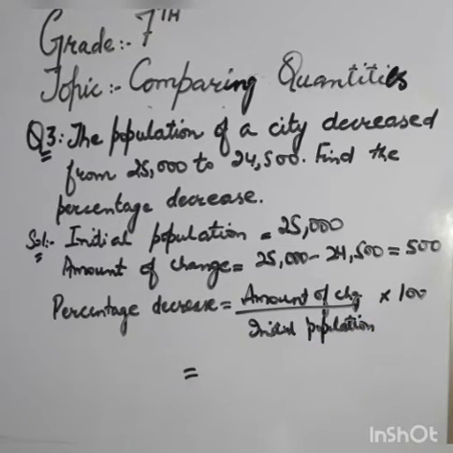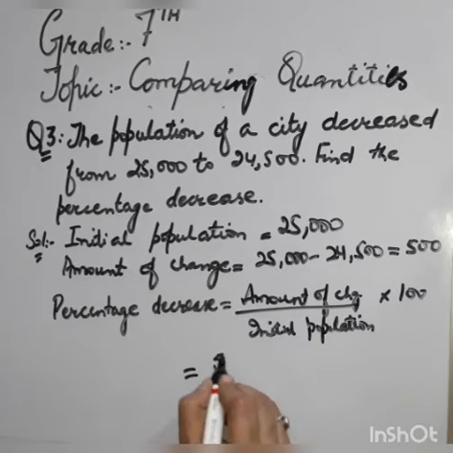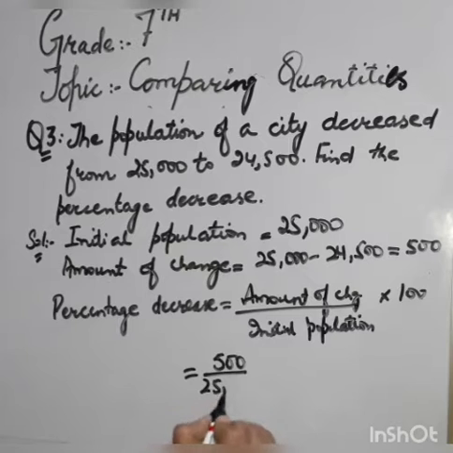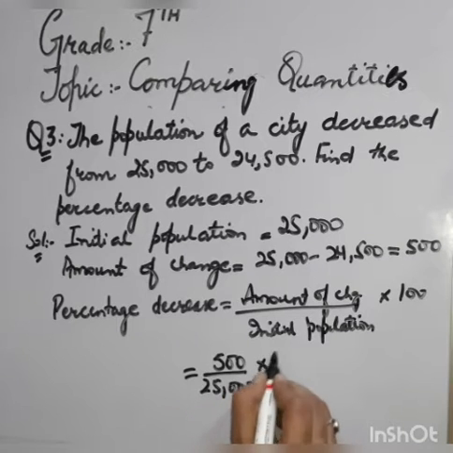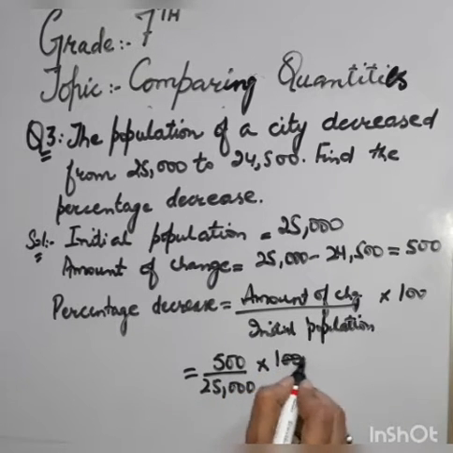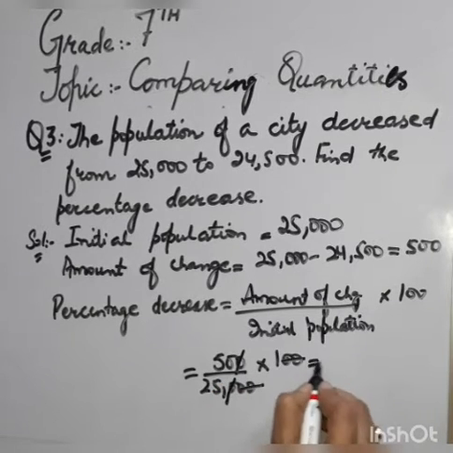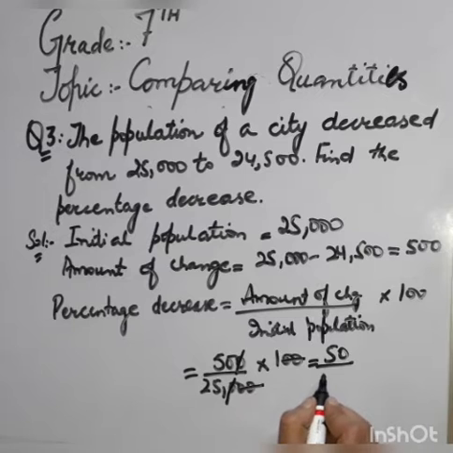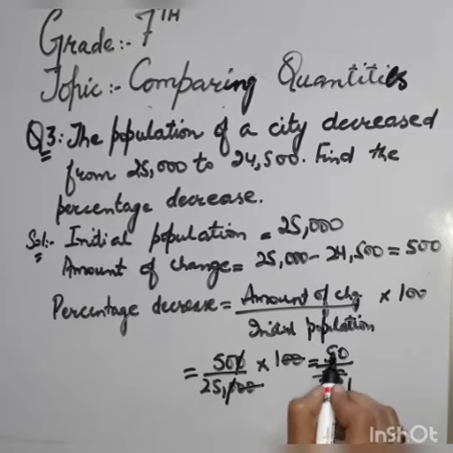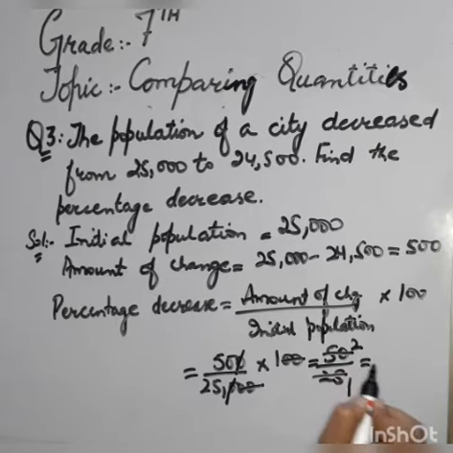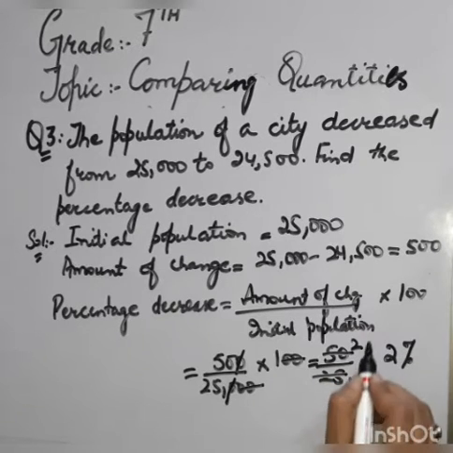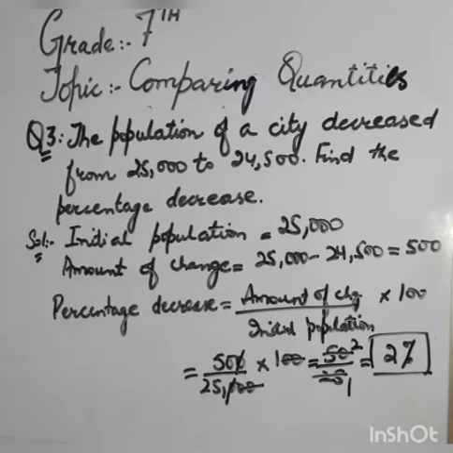So now substituting the values, amount of change is 500, initial population is 25,000, multiply it with 100. These two zeros will cancel out, this 0 and this 0 will cancel out, so we are left with 50 by 25. Now 25 1s are 25 and 25 2s are 50. So percentage decrease is 2%. Clear?